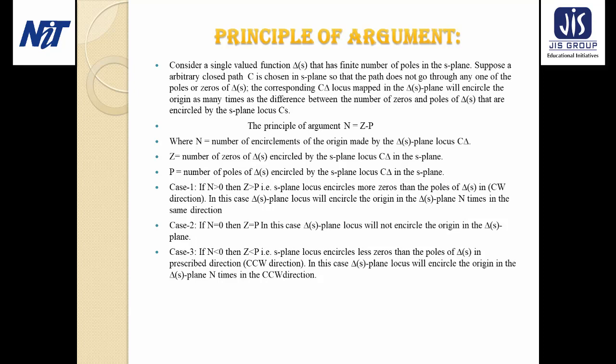And the corresponding C delta locus mapped in the delta S plane will encircle the origin as many times as the difference between the number of poles and zeros of delta S that are encircled by the S plane locus C. So the principle of argument represents the number of encirclements N, that is equal to the number of zeros Z encircled by the S plane locus C in the S plane, minus P, the number of poles of delta S encircled by the S plane locus C in the S plane.